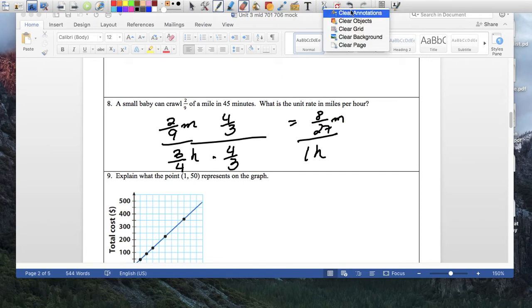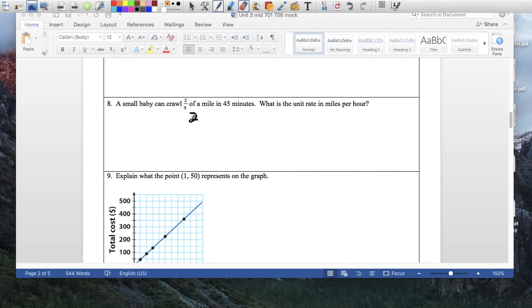Now, if you didn't know how to do that, and you did it with minutes, 2 over 9 in 45 minutes, you might change this to 1 minute.